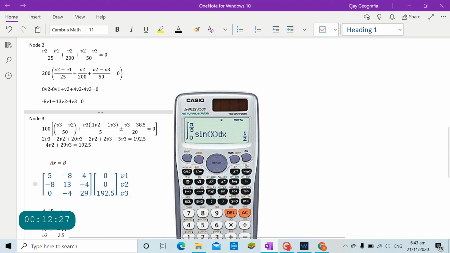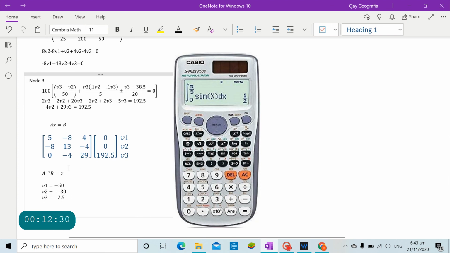For the value of V3, V2, V1, we come up with A X equals B. So the answer for X, we have to put an exponent of negative 1 in here, times the B. This is our A, this is our B. So if we put the exponent negative 1 multiplied by this, it is equal to X. We come up that V1 is equal to negative 50, V2 is equal to negative 30, and V3 is equal to 2.5.